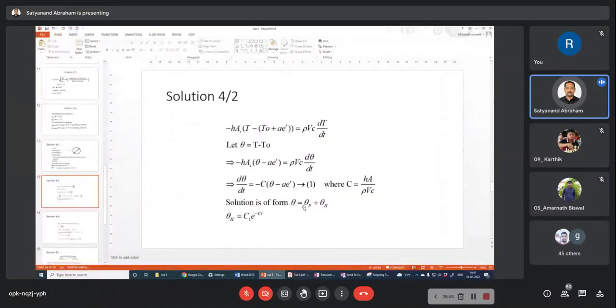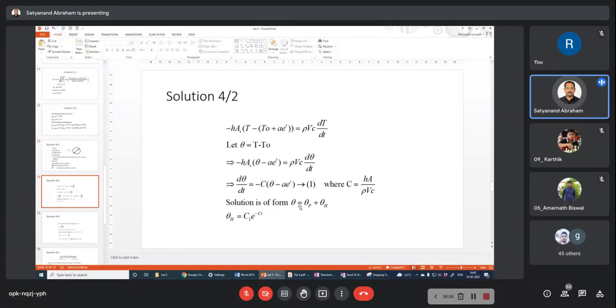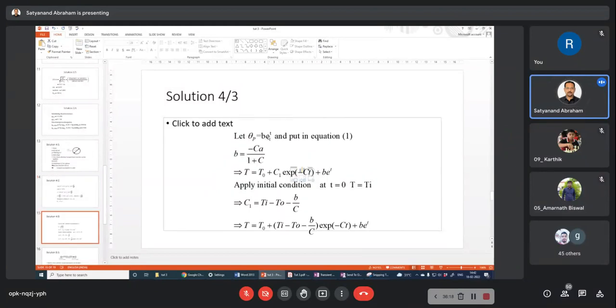They themselves have given the solution for the particular integral. So the total solution is the homogeneous part, which we know is c1 into e raised to minus ct, which we have derived, where c is equal to 1 by 2, plus the particular integral, b into e raised to t.